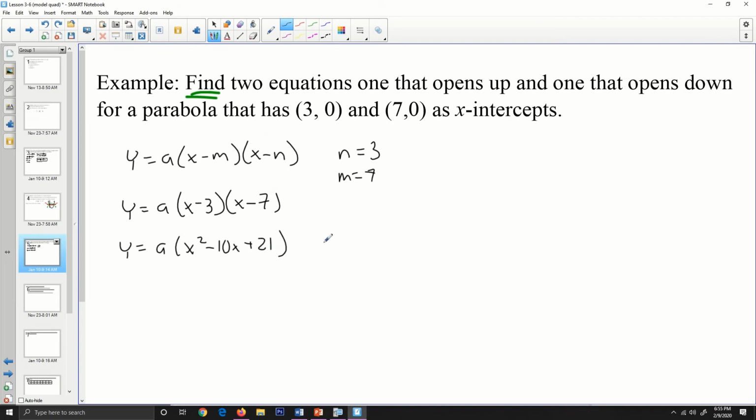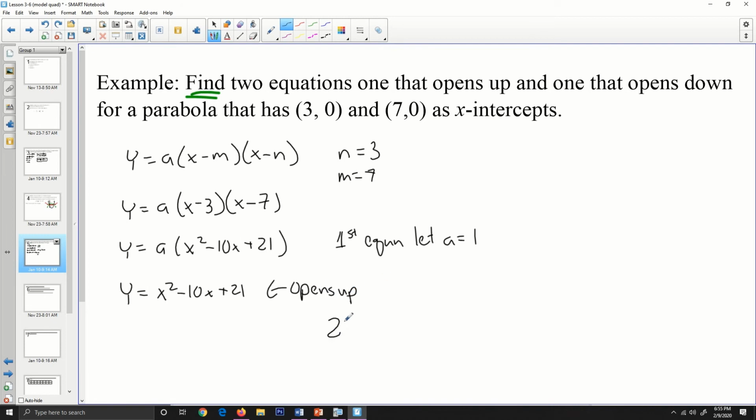Just to make it simple, my first equation: let a equal 1, and so I'll just have y equals x squared minus 10x plus 21. This one opens up.